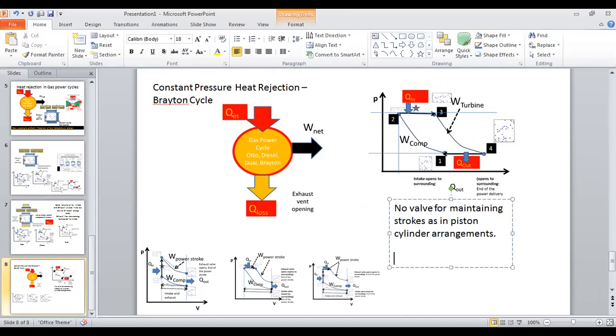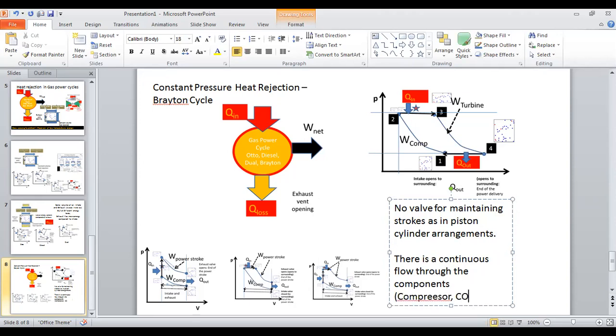a continuous flow through the components, namely you have compression, combustion chamber, and turbine.